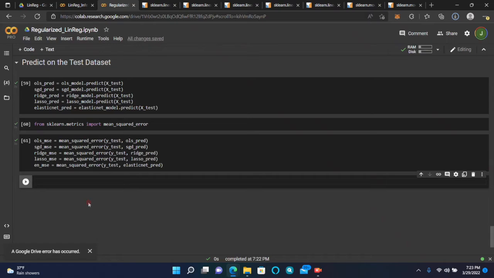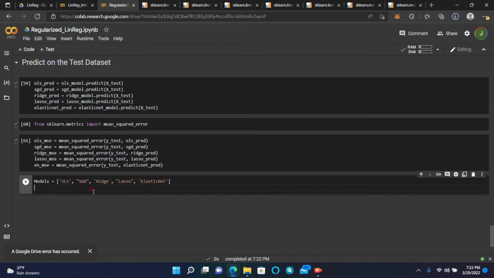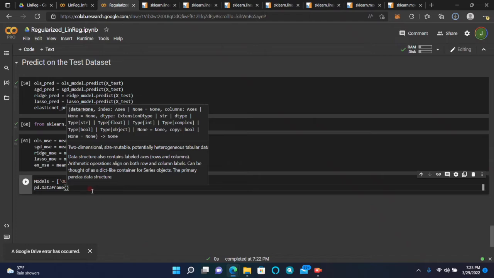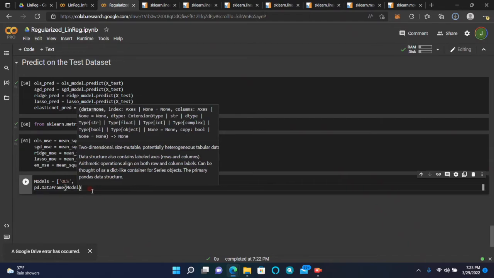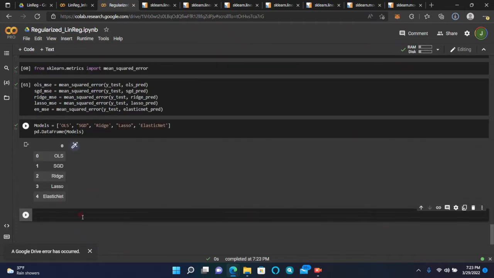Now let's make us a list. We're going to call this models, and that is going to be OLS, SGD, Ridge, Lasso, and Elastic Net. And then let's make us a data frame. See what this looks like.